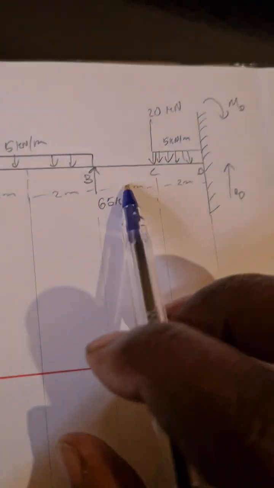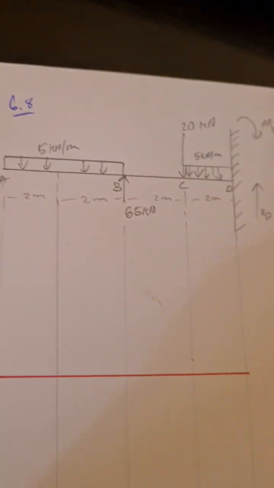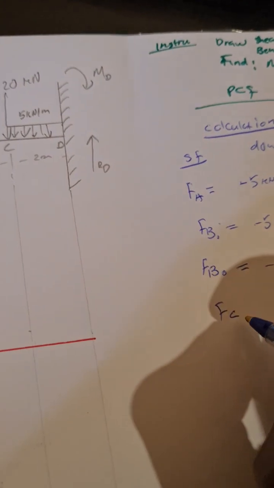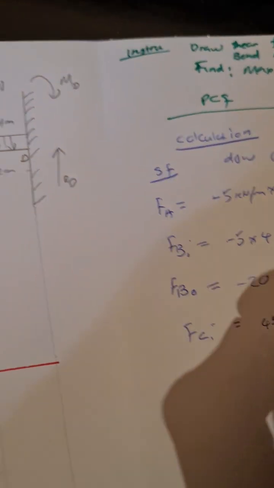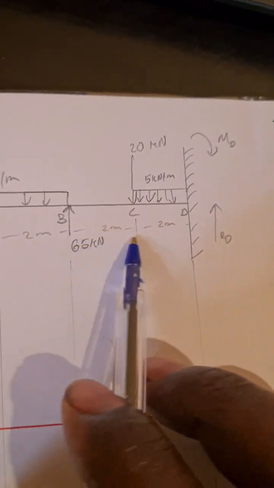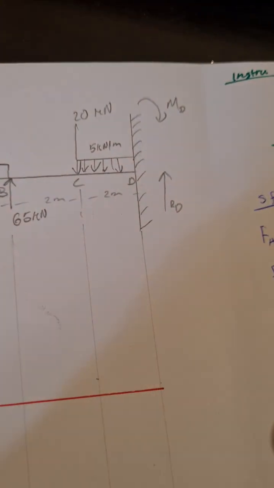Remember, this one is just the force, right? Then we have force before C. So what is the force before C? You already have 45. There's no other force in between B and C, so it's gonna just be 45 kilonewtons.